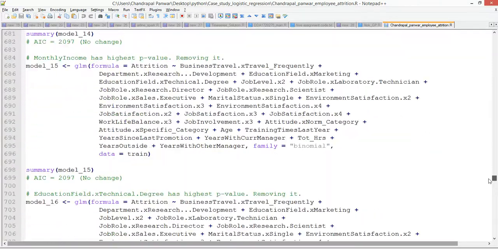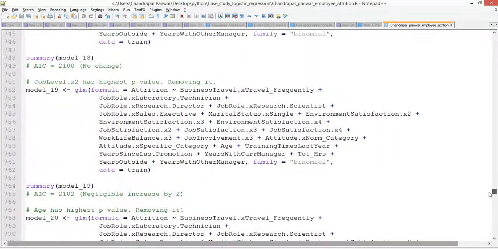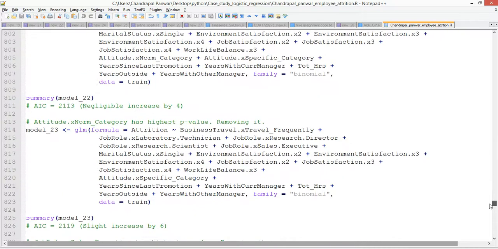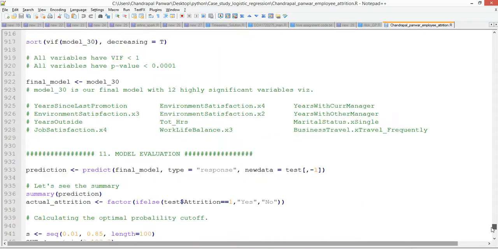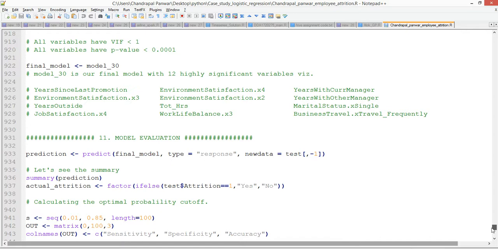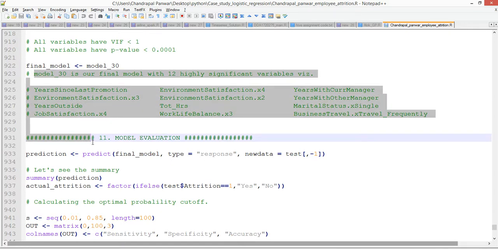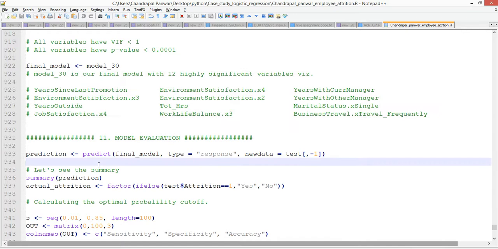We remove all the variables which are insignificant in an iterative fashion, and when the final model is ready, it has these particular variables. We then evaluate the model on the test data set.